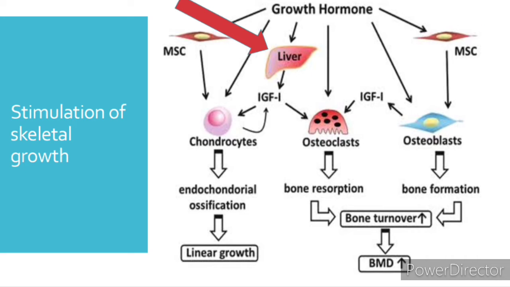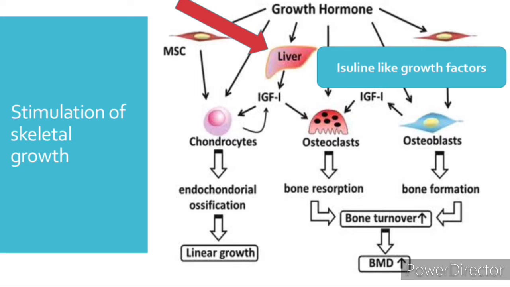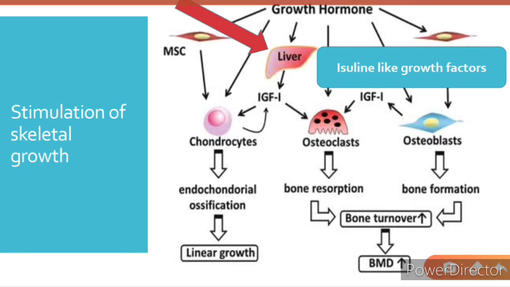Here we can see the effect of growth hormone on skeletal growth is mediated by somatomedins, which are insulin-like growth factors. You can see it over here. These are insulin-like growth factors, synthesized in the liver.